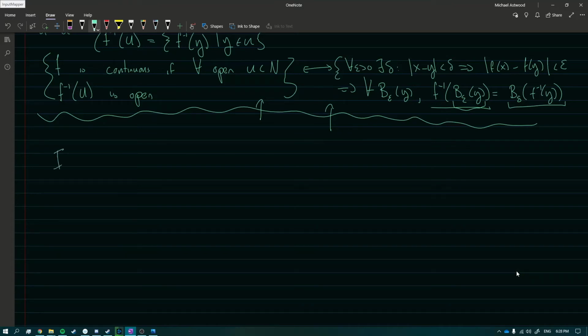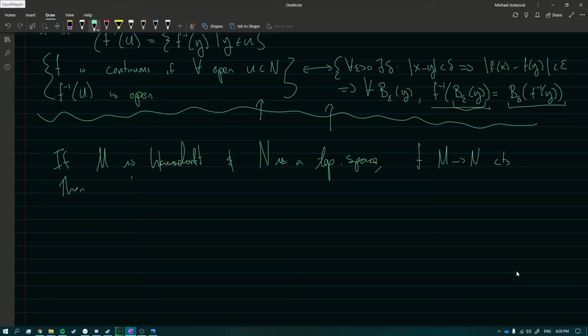So if M is Hausdorff and N is a topological space, and f from M to N is continuous, then f of M, which is defined to be the set of all elements in the image of f, so it's f of x such that x is in M, this is a subset of N. And this subspace of N is Hausdorff.